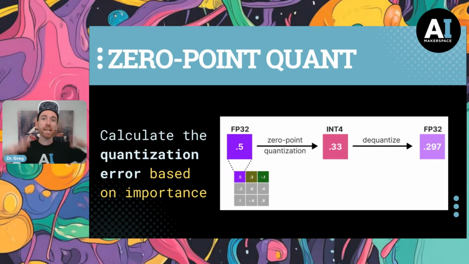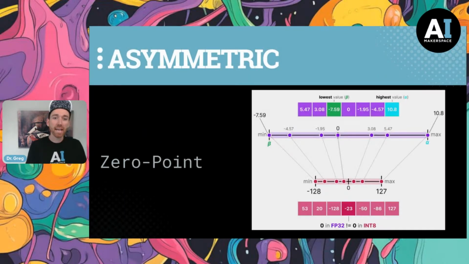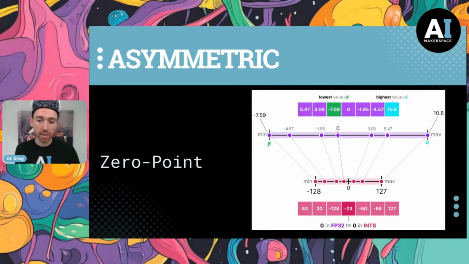Because we're not taking all of the weights in one big set and quantizing them down, we need to go layer by layer, and we end up in a space where we're not doing a symmetric quantization, but rather an asymmetric quantization.